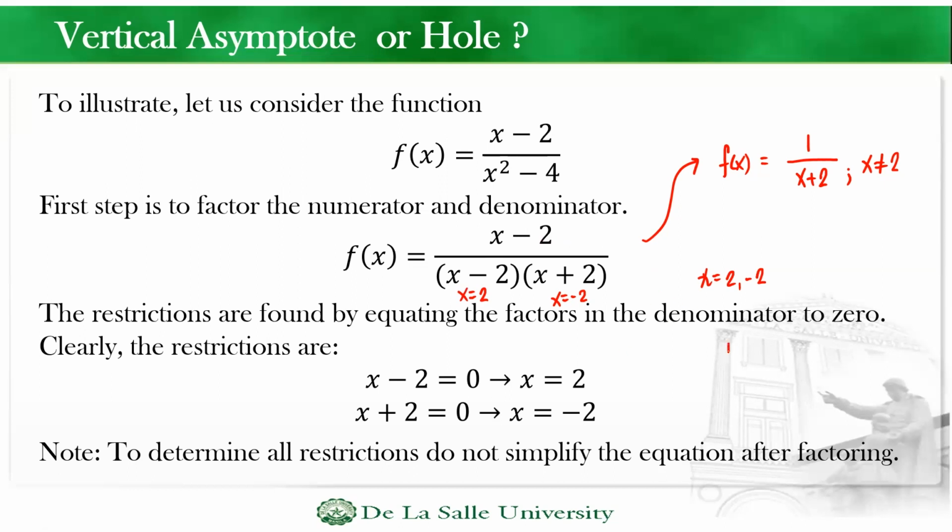You have to remember that 1 over 0 is undefined. 0 over 0 is indeterminate. So if that becomes 0 over 0, it's indeterminate, and that's not allowed either. So I need to define here that this function is equivalent to the one on top. However, that will only happen when x is not equal to 2.